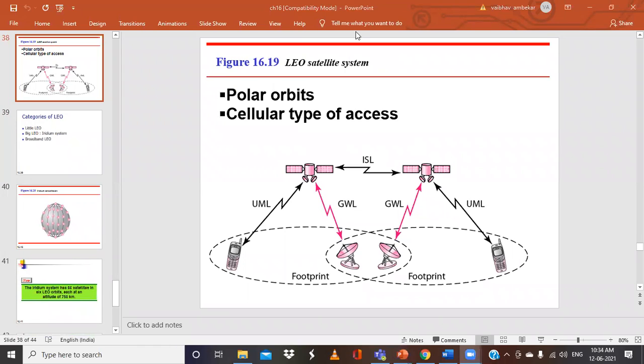Madhura Joshi, I took your name. Can you answer this? Anushka, can you explain?